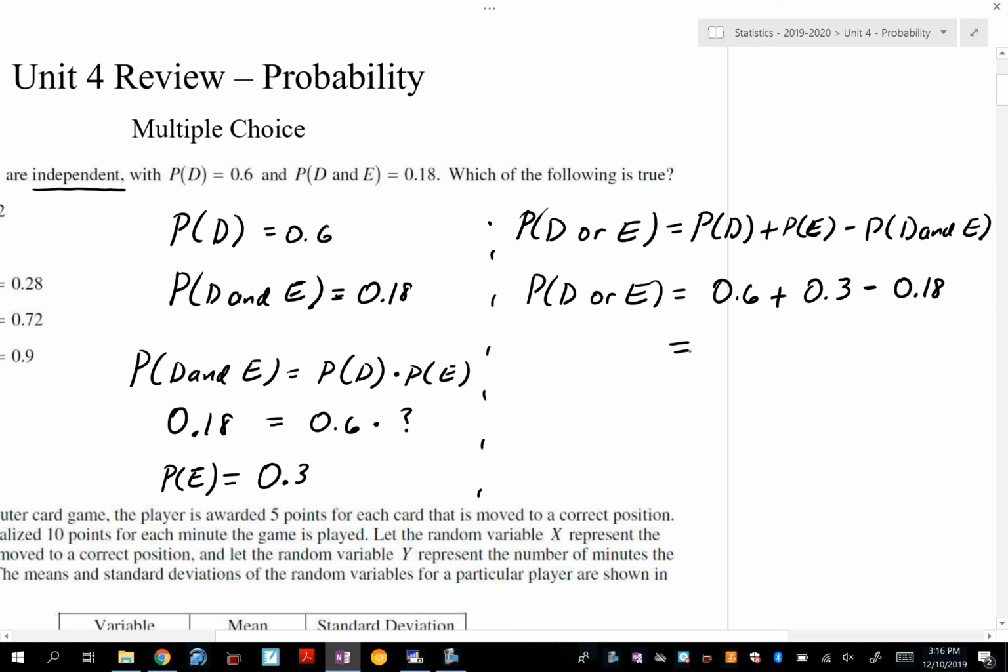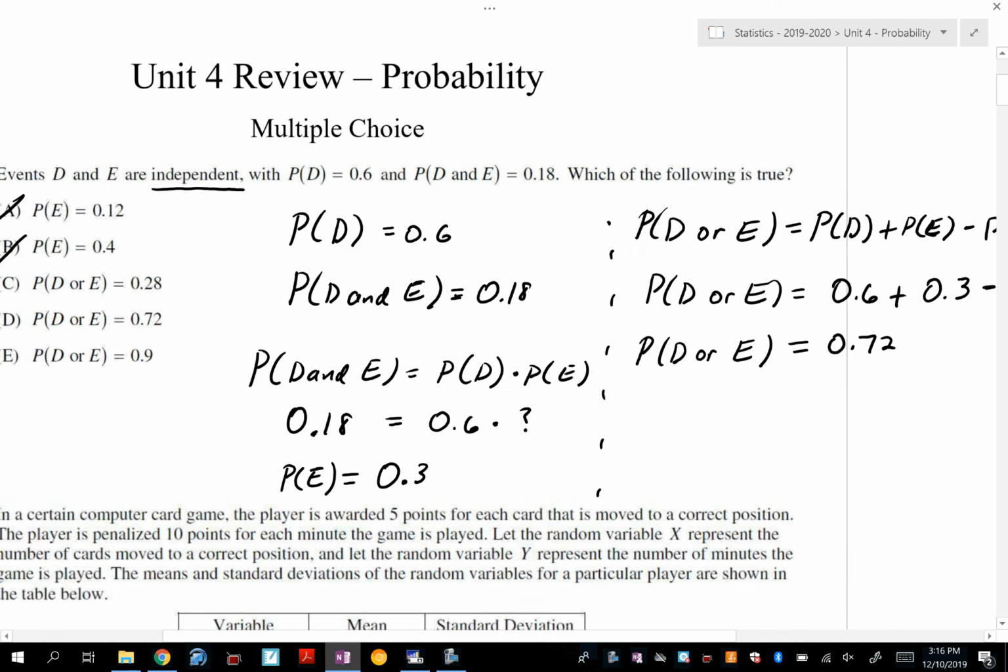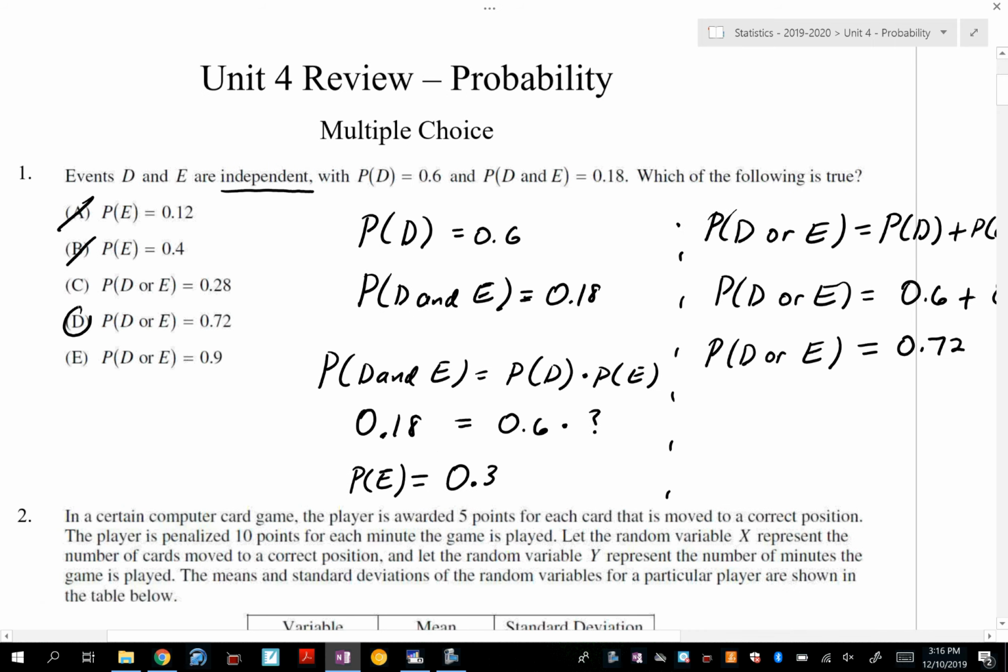And if you get that, 0.72. So the answer is actually going to be D. The probability of D or E is 0.72. Now that required a lot of work for that little tiny problem.